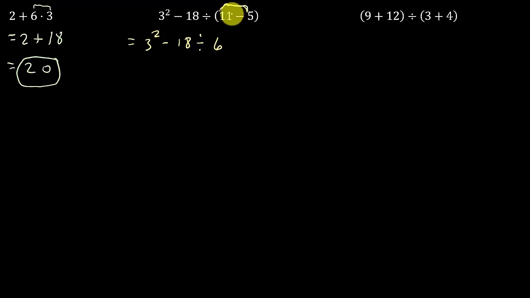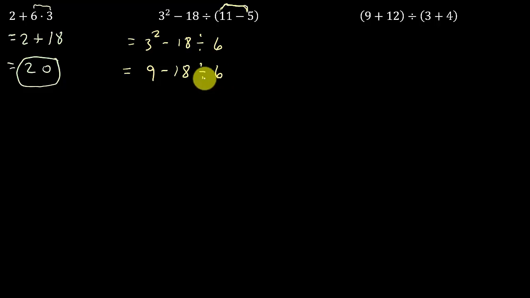Now let's see what I have. No more parentheses, but I have exponents. So I've got to go to the exponent, the 3 squared. That gives me 3 squared is 9 minus 18 divided by 6. Now I've done the exponent. What about multiplication and division?